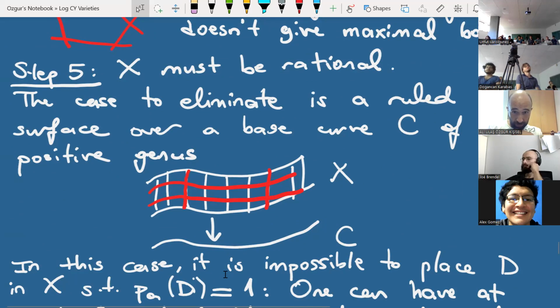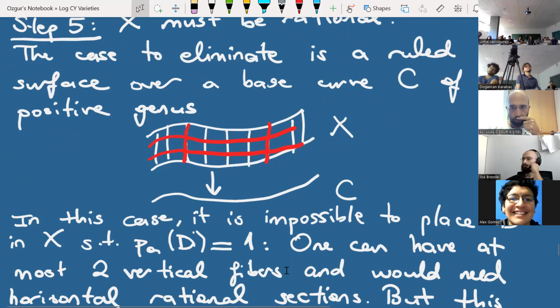So the problem is, in this case, it is impossible to locate the boundary divisor D in this picture in accordance with the lemma above. So you want arithmetic genus 1. So then you can have at most 2 vertical fibers, because if you have 3, and you also have a horizontal curve, you don't have a chain. So you would have some curve intersecting three of these divisors, which doesn't work.